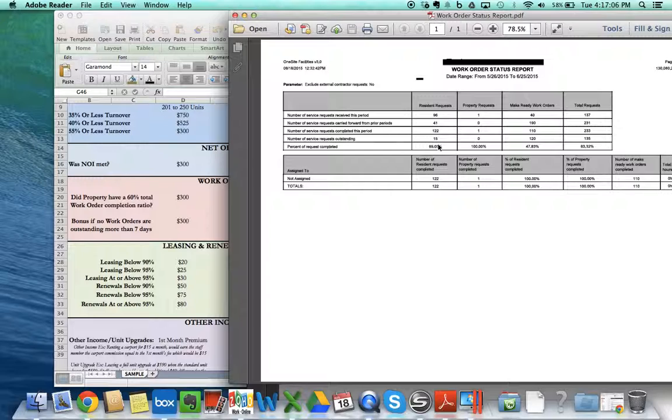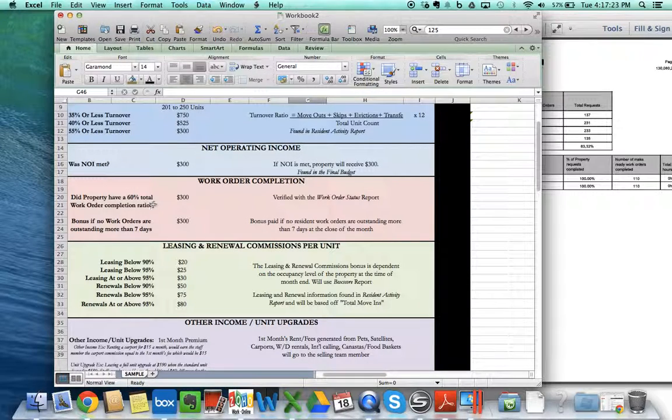We really want to make sure that our residents are happy, and we want to reward our maintenance crew for making sure that all maintenance related issues are taken care of. So here, resident request work orders had an 89% completion ratio. Coming back to our worksheet, we can see that the requirement was to have a minimum of 60% completed. So they definitely did meet that. So they'll be getting the $300.